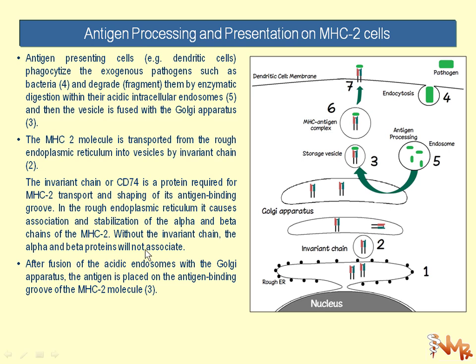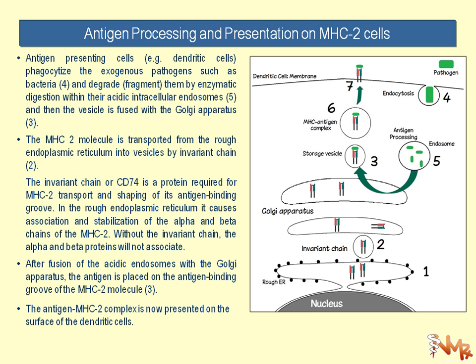Now that we have brought the MHC2 into the Golgi apparatus, the next step is fusion of the acidic endosomes, that have the bacterial particles, with the Golgi apparatus, and the antigen is now loaded on the available antigen binding groove or site on the MHC2 molecules.